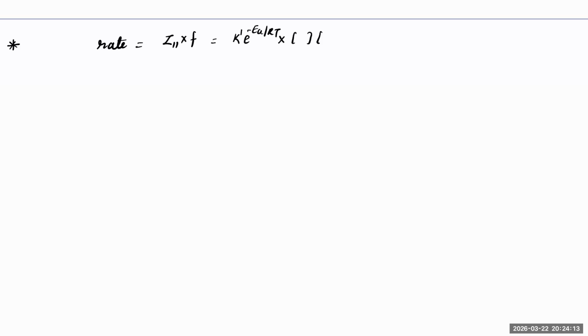Correct? And this entire thing is what we wrote as K into concentration terms. But actually, there is one more term that will come along with it. Okay? That is P factor also. Right? So let me write down that here.